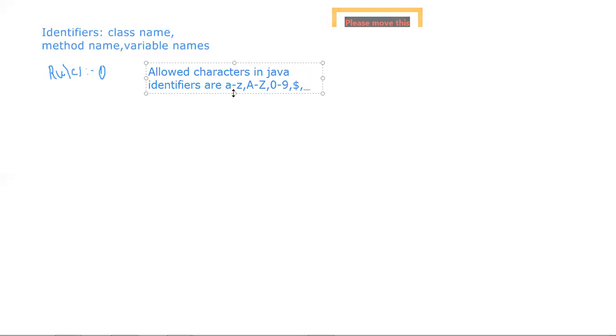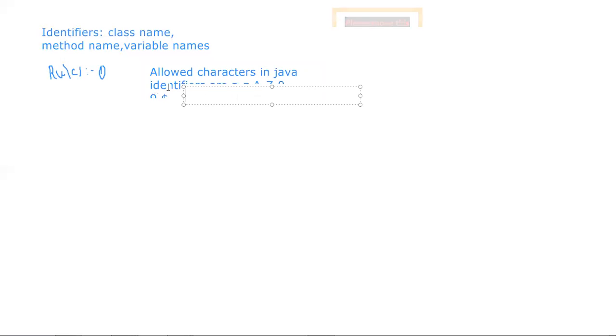Let me give some examples. If I want to write a variable name as total salary, I can write total underscore salary. This is a valid variable name, since it can include dollar as well as underscore.